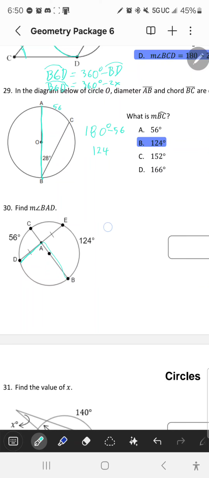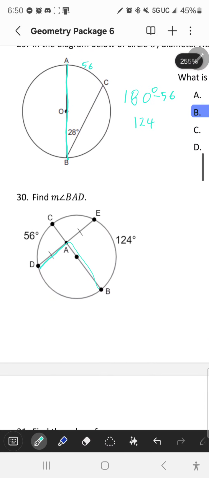Now, okay, this is another thing. There is another theorem that establishes that we are looking for the measure of the angle. I'm sorry, I was first thinking about the measure of the chord, but no, the measure of the angle, angle right here, BAD.